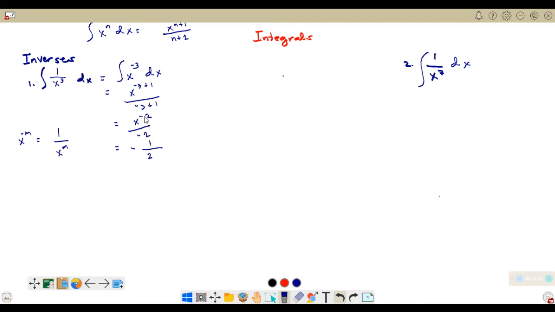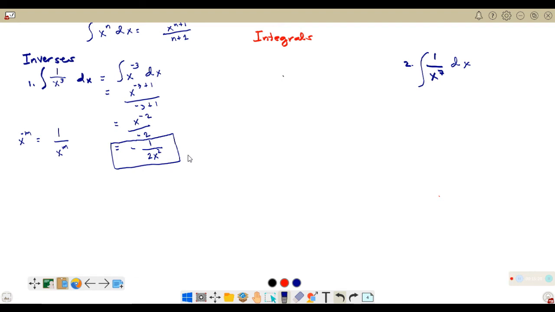And then, x raised to the negative 2 will be written at the denominator. And your exponent will turn positive using reciprocals. Ayan. So, this is our final answer. Negative 1 over 2x raised to the power of 2. Okay? I hope that was clear.